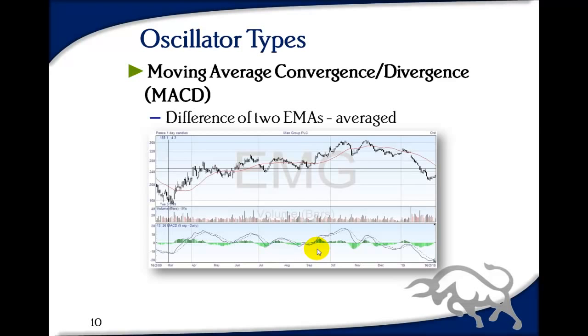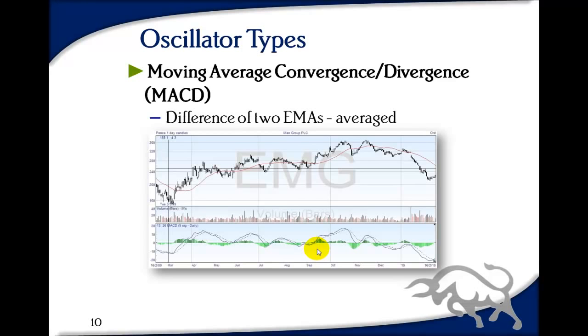We look for the crossing when it's in an extended position, and in this one we don't have any lines to show that it's overextended, but we can see obviously where something is high. See here in October, that's obviously a high, and the signal line crosses, providing the chart is looking right. That's short, and the short would have made money. So that's the way that one is used.